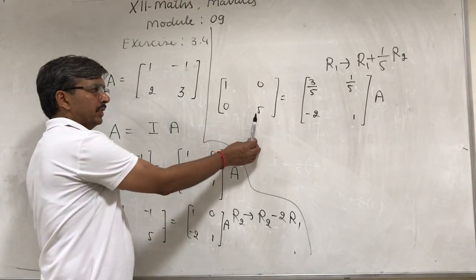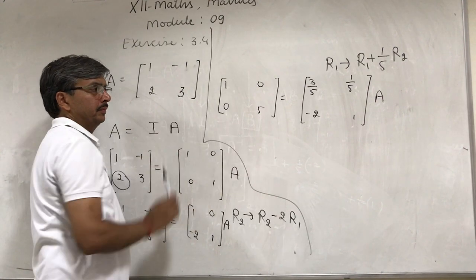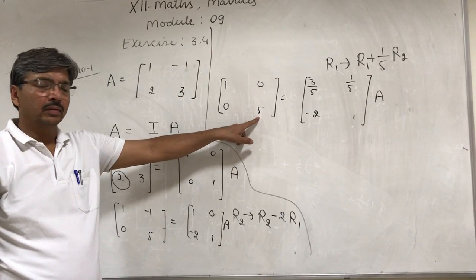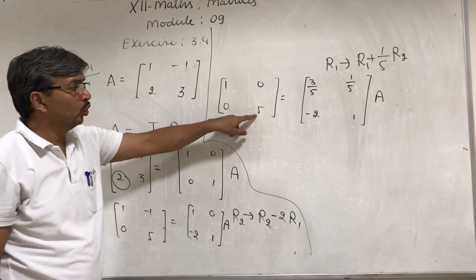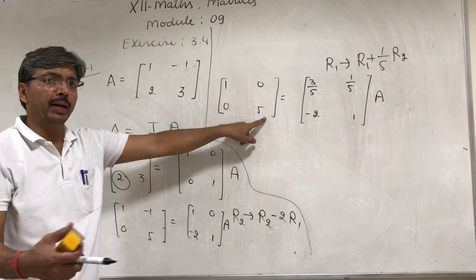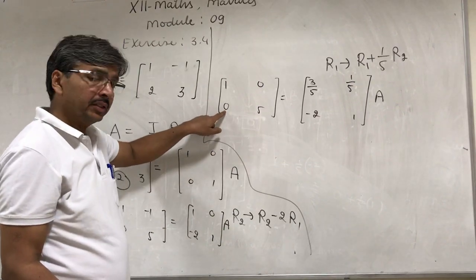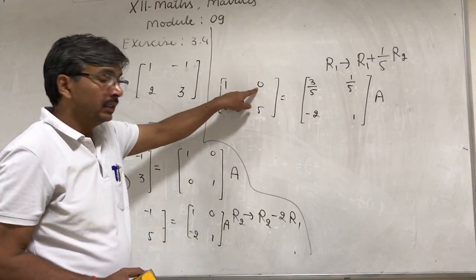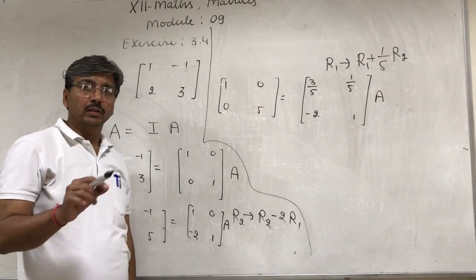Now we will make this 1. We want 1 here. If we multiply R2 by 1 upon 5, this won't be changed. We will keep in mind that these won't be changed. Otherwise, we can't complete the question.